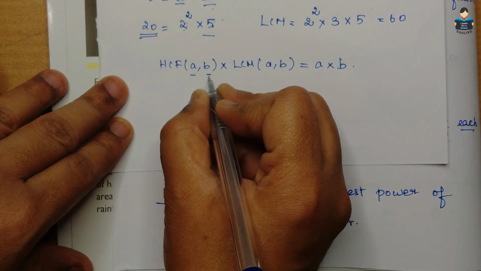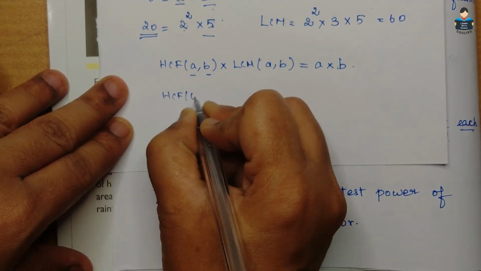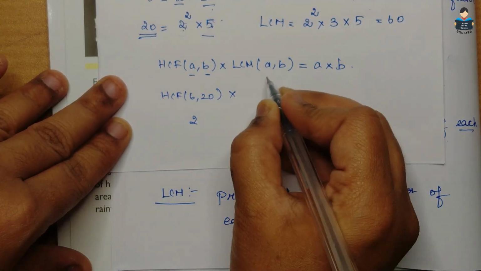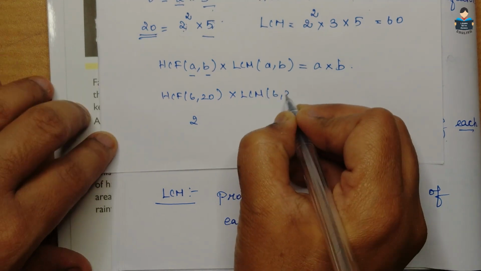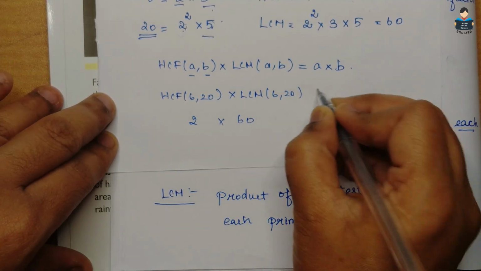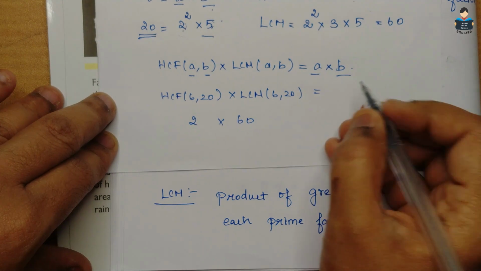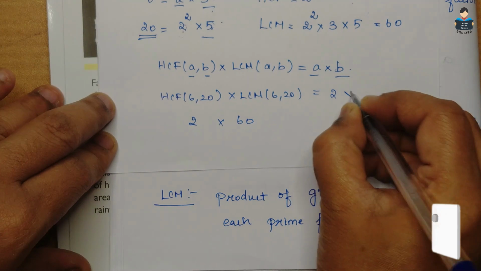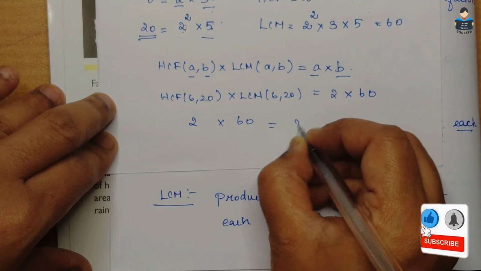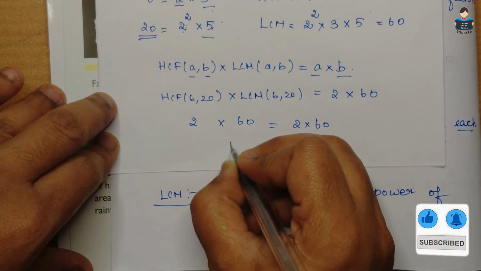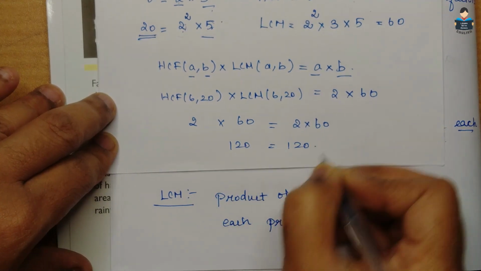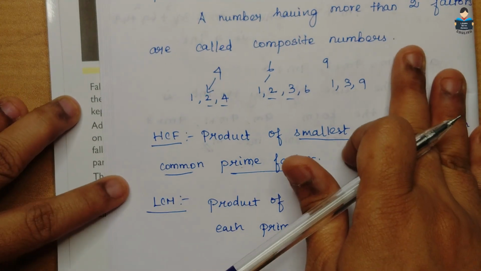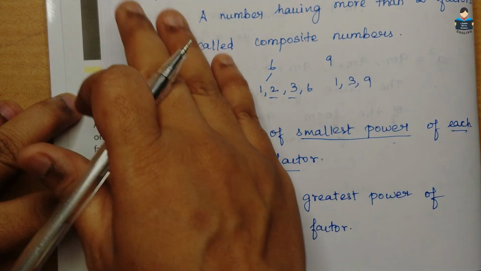The HCF of 6 comma 20 is 2 into the LCM of 6 comma 20, which is 60. This value should be equal to the product of the two numbers, that is 6 into 20. So we get 120 equal to 120.